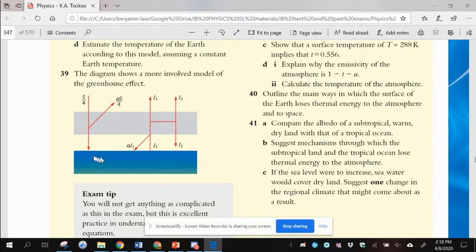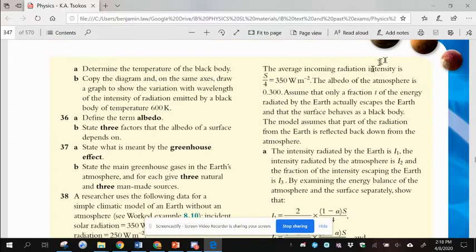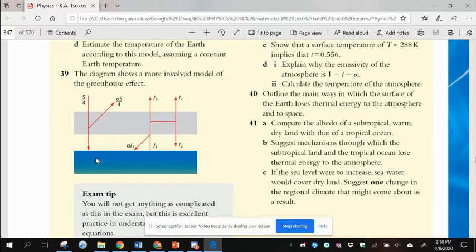When the Earth's surface receives the energy from this part, I'm circling, it will radiate back into the atmosphere because we assume the Earth's surface is a black body, as said in the question. By definition, black body means whatever radiation is received, it will give back in return, 100%.